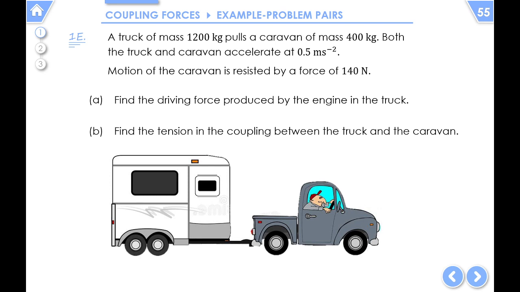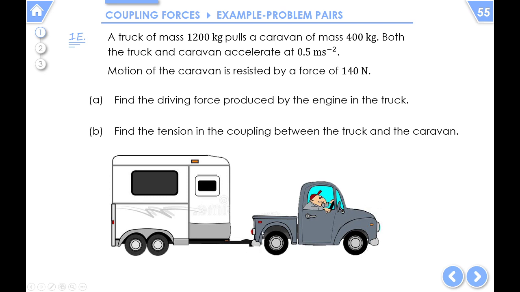Okay, so the first thing we've got to decide is, do we look at the forces on the truck, the forces on the caravan, or do we look at the forces as the whole system treated as a single particle? Well, we want to find the driving force, and currently we have two things we don't know. We don't know the tension and we don't know the driving force.